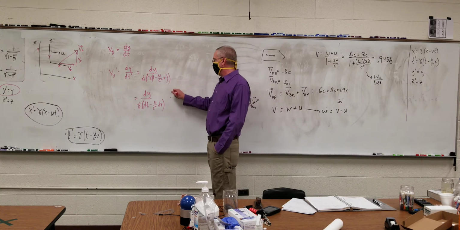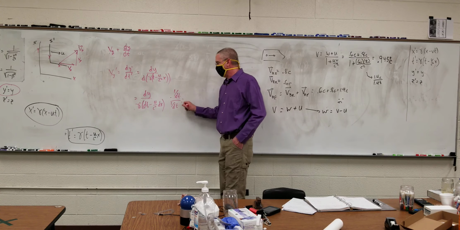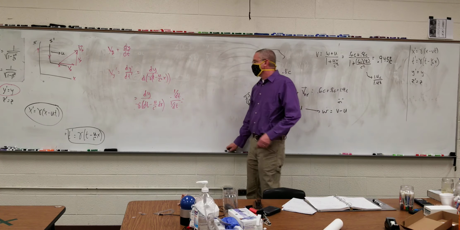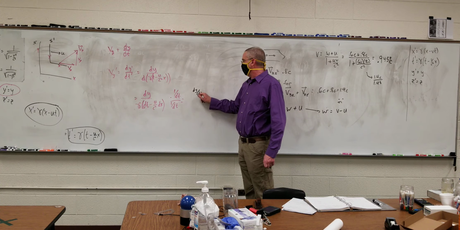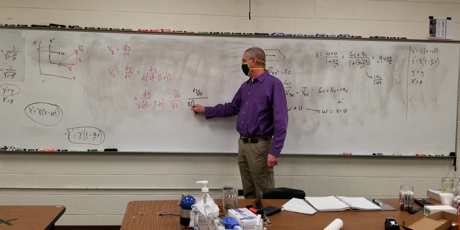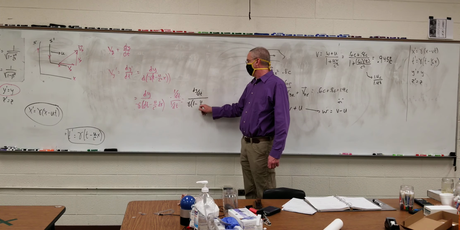Multiply top and bottom by 1 over dt. And we get dy/dt on top, and we get gamma times (1 minus u over c squared dx/dt) on the bottom.